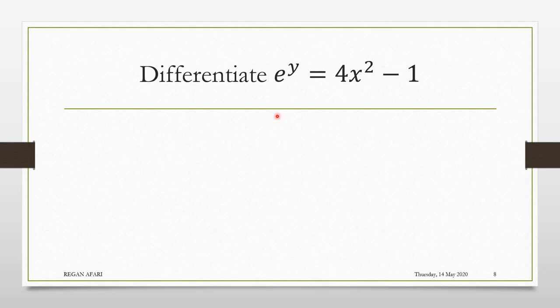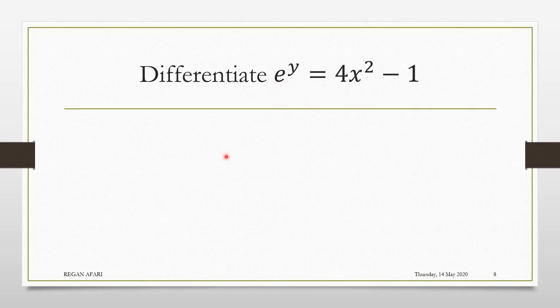Now we have e raised to the power y is equal to 4x squared minus 1. My friends, whenever you are to differentiate something of this nature, e raised to the power y, you need to take the natural log of both sides.